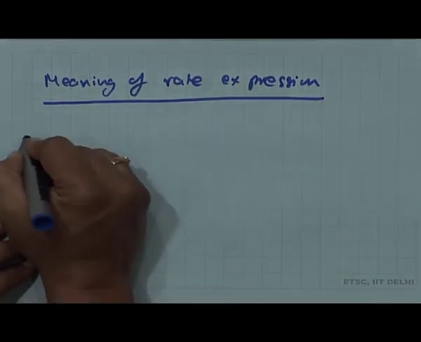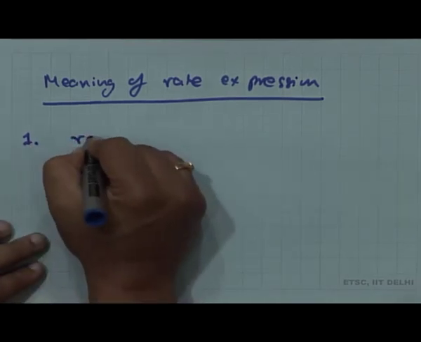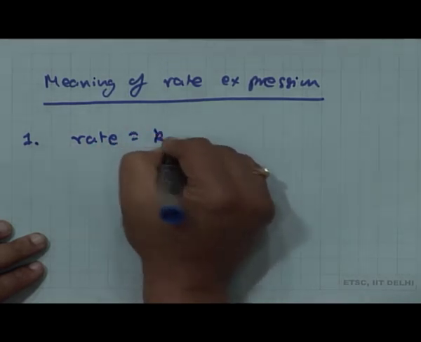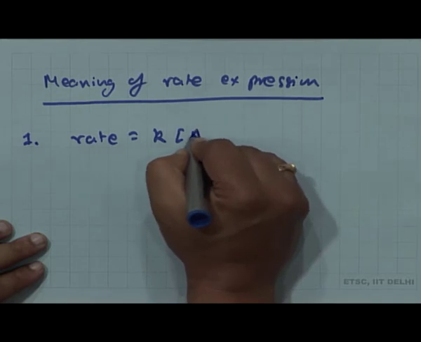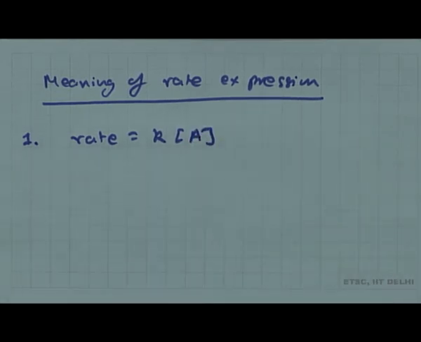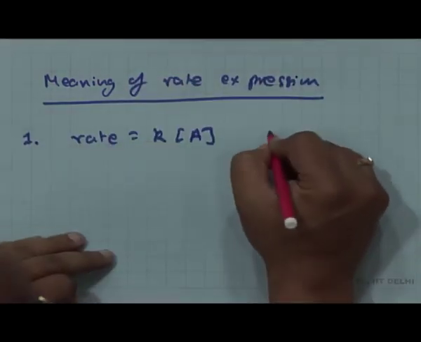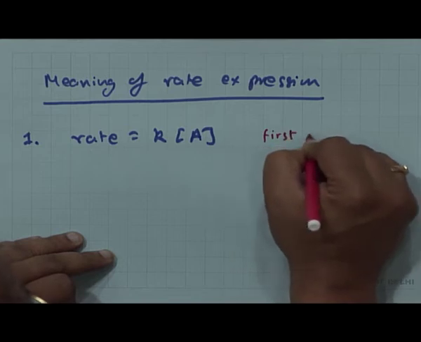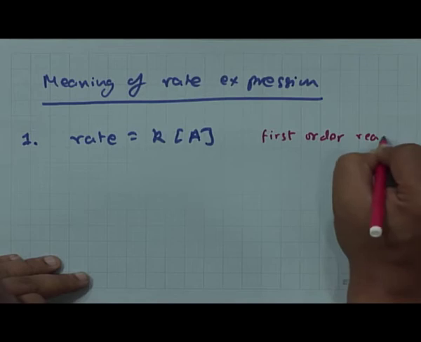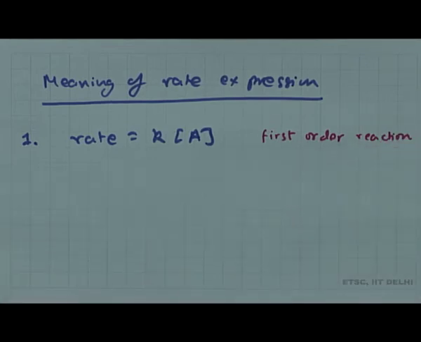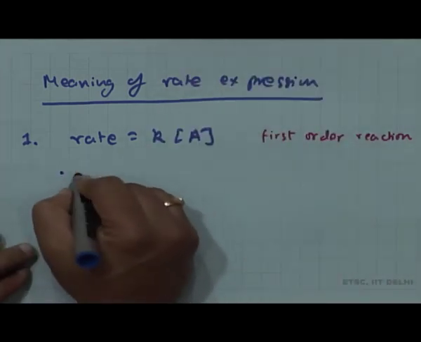For example, the first one: rate is equal to K times the reactant A. We obviously know that this is a first order reaction.